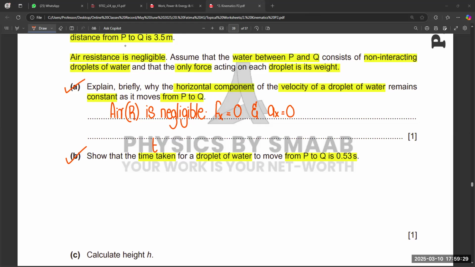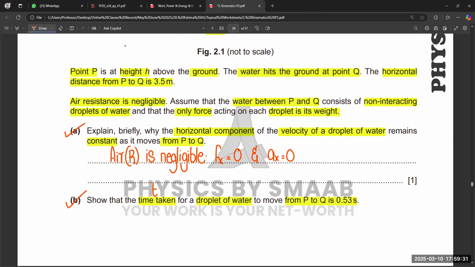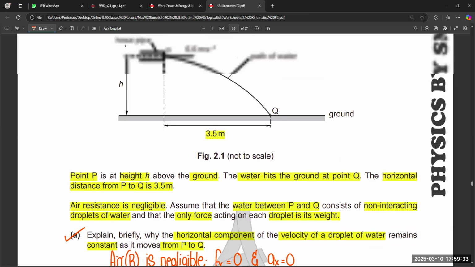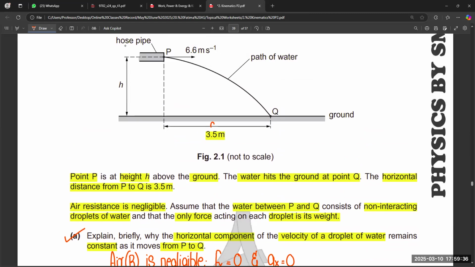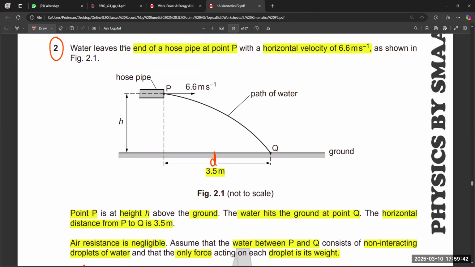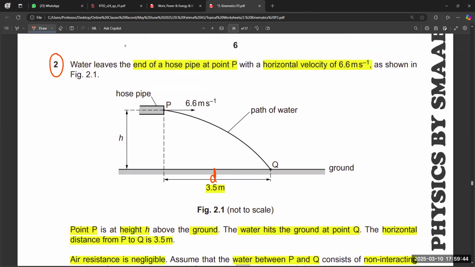Okay. So in this question, we have the horizontal component given already. Horizontal distance is given, 3.5 meter, right? And initially the speed of the droplet is also given. Horizontal velocity is also given, which is 6.6 meter per second.